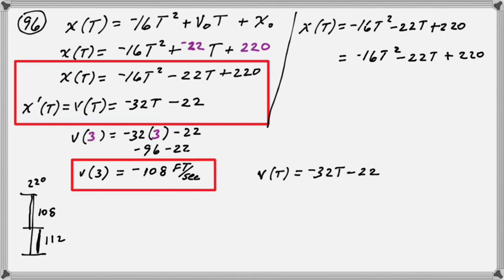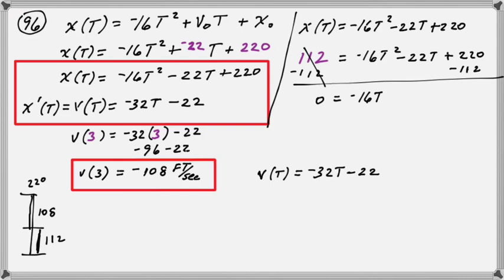So I think the height above the ground, after falling 108 feet from a height of 220, would be 112. So I'm going to subtract 112 from both sides. Lo and behold, I end up with this, and I think that becomes plus 108.